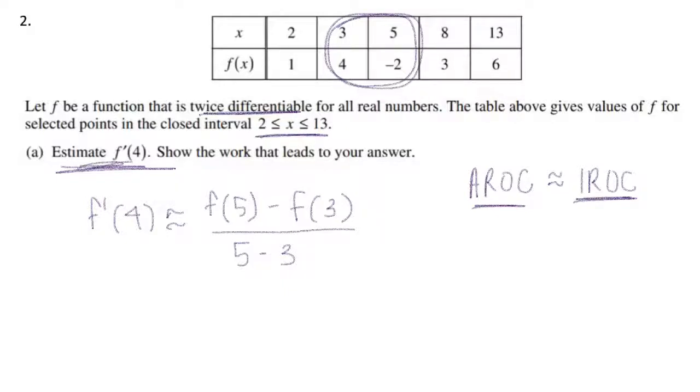So that tells me here, F at 5 is -2, minus F at 3 is 4, all over 2. And so this is going to give me -6 over 2, which you're welcome to leave, or -3. So be careful with this. We can go down some interesting paths here, but really let's stick to the correct one, and this should be the layout for every one of these problems.